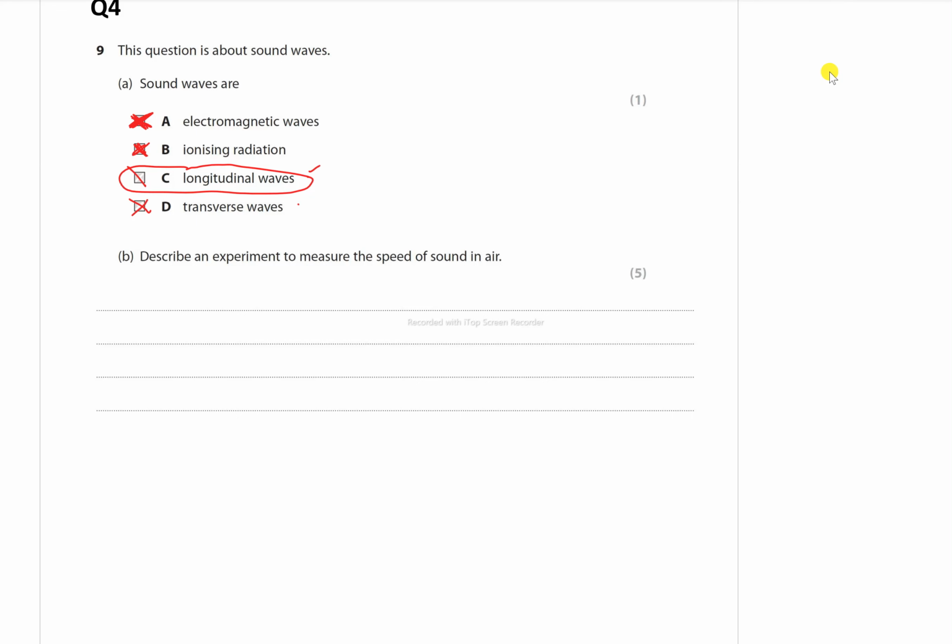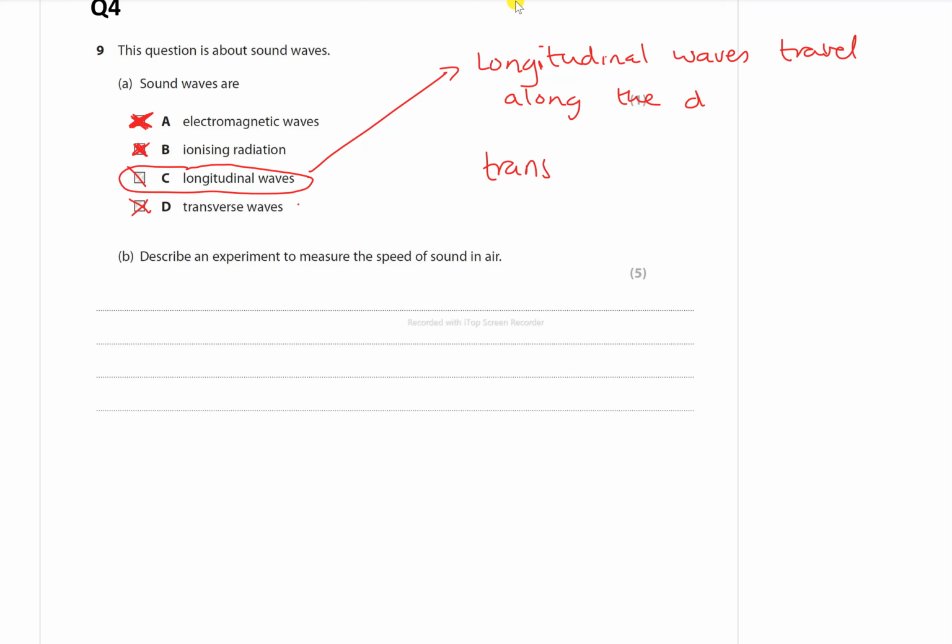Right, let's quickly discuss longitudinal and transverse. So longitudinal waves, right? They travel along the direction of vibration.